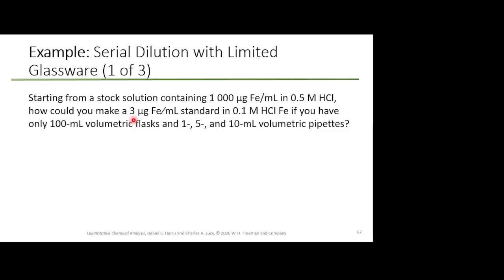So how can you do that in a serial dilution here? There's not a strict path, but you're going to have to do two main things. You could do a 1 to 100 to get your largest solution, and then you'd be at a 10.